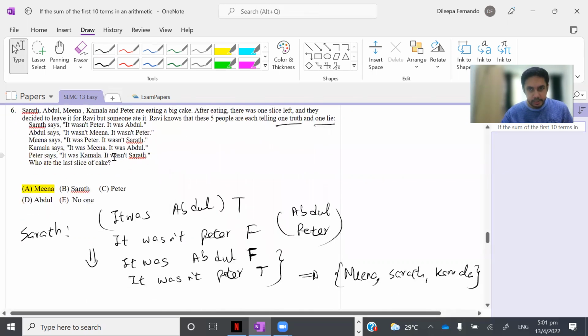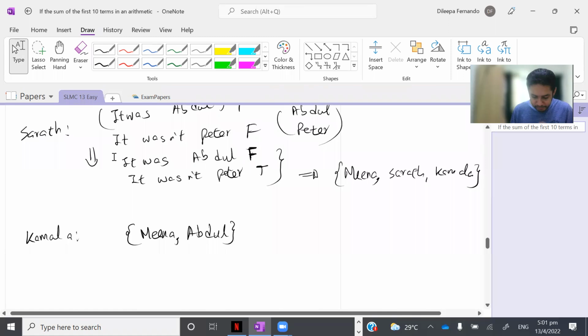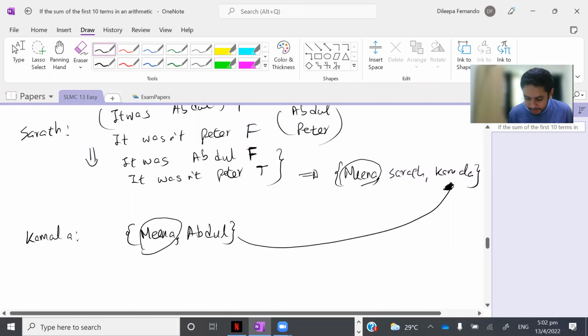And when you compare with Sarath's case, you can see Abdul is not a possible candidate for eating the cake from this. So Meena is the only one who is in both sets. So you can conclude that Meena is the one who ate.